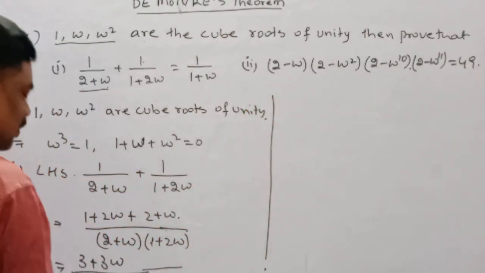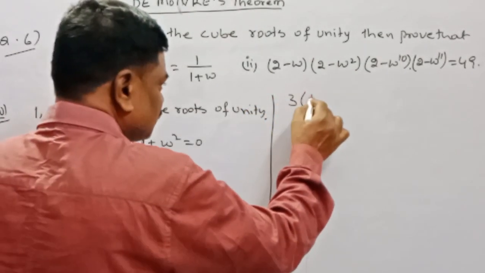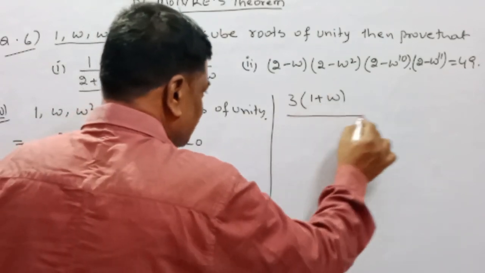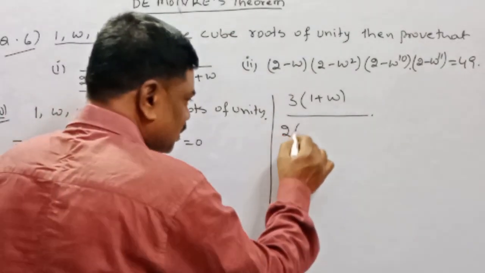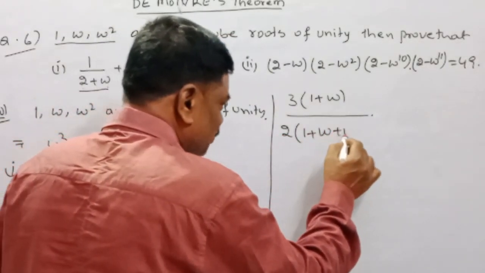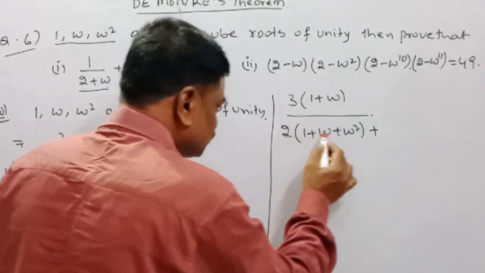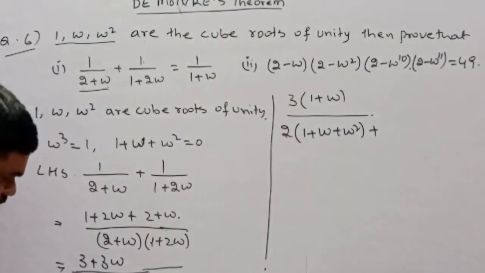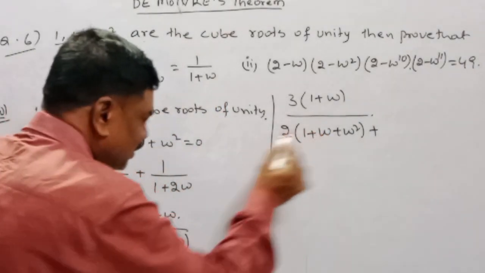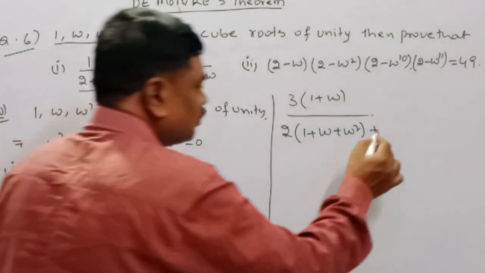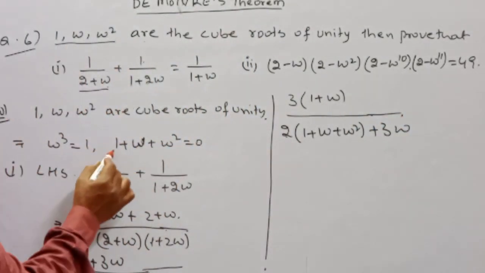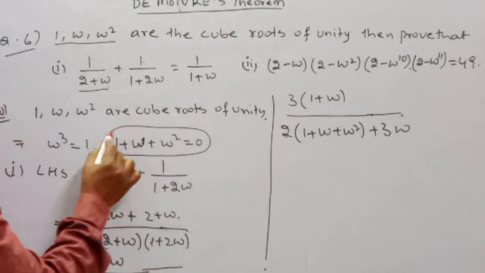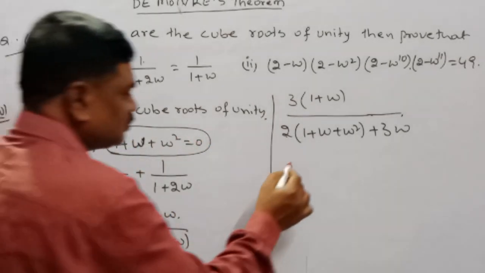So here you see 3 common, 3 times (1 plus omega) in the numerator, and 2 plus 5 omega plus 2 omega square in the denominator. 2 as common: 2 times (1 plus omega square) plus 5 omega, remaining 3 omega. Okay, all of you. But we know that 1 plus omega plus omega square is equal to 0.